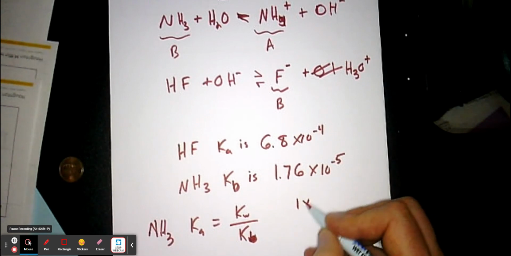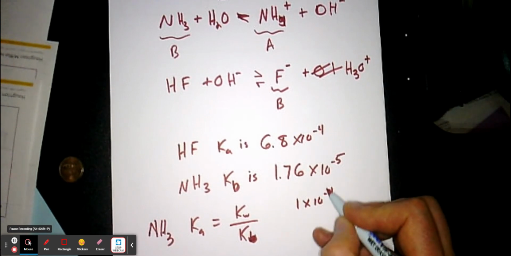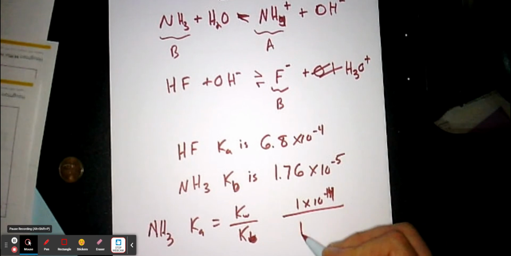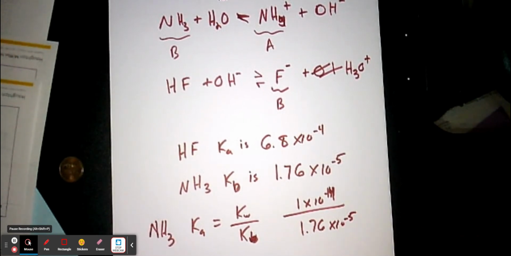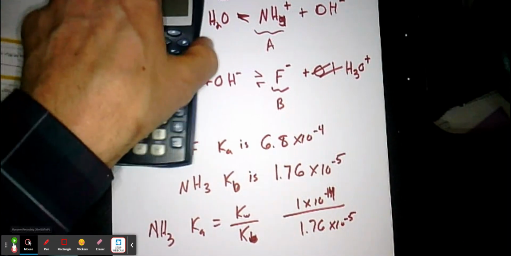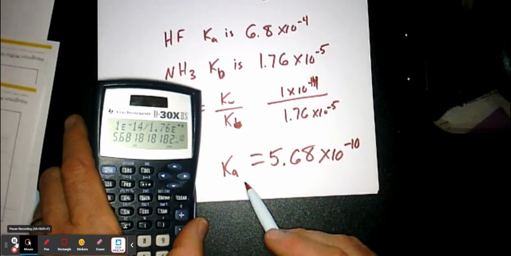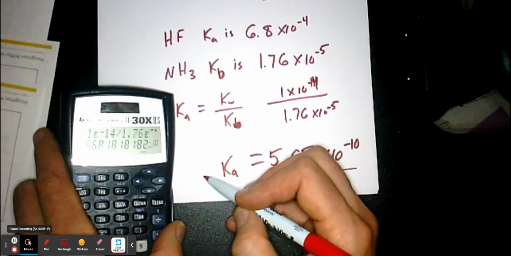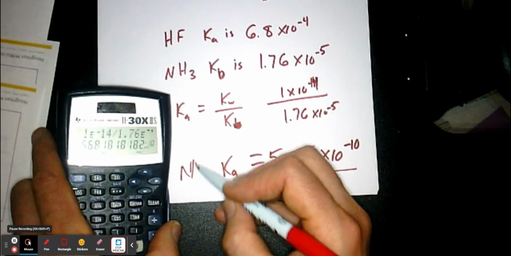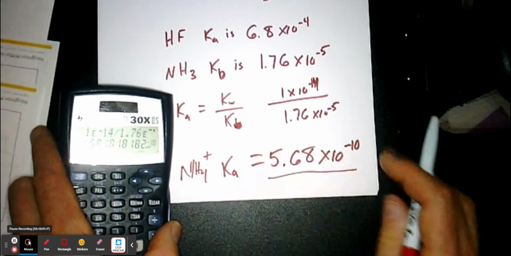So 1 times 10 to the negative 14th divided by 1.76 times 10 to the negative 5. And that's going to give me my Ka for NH4 plus.